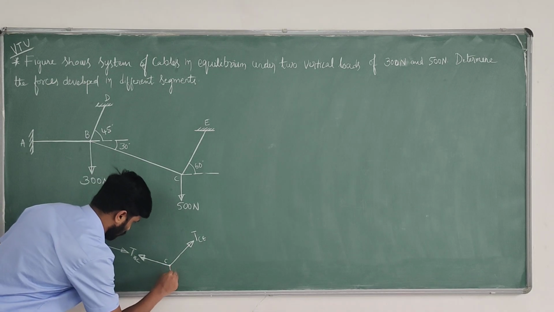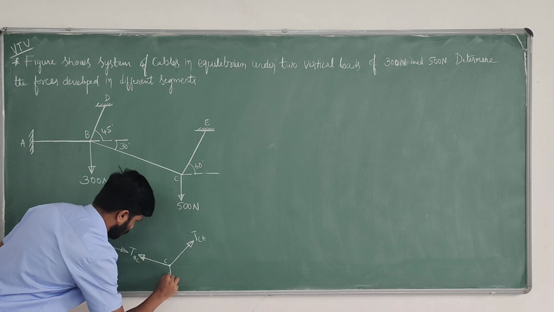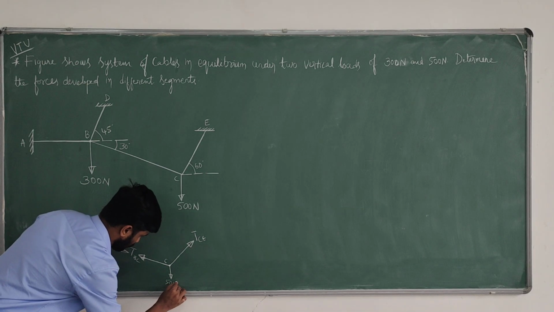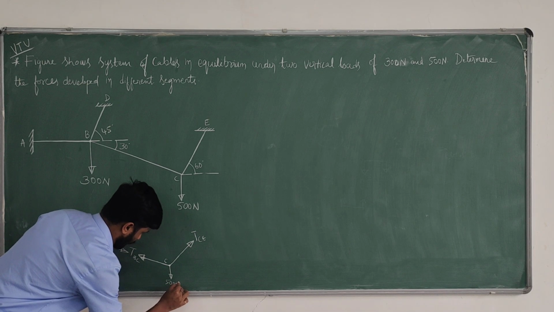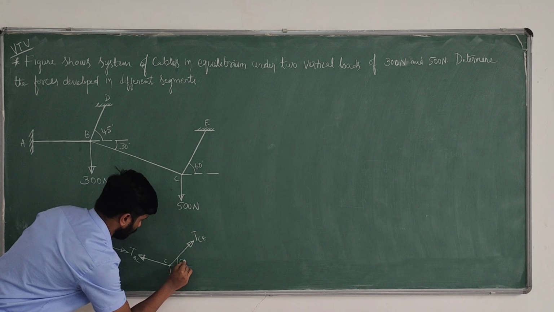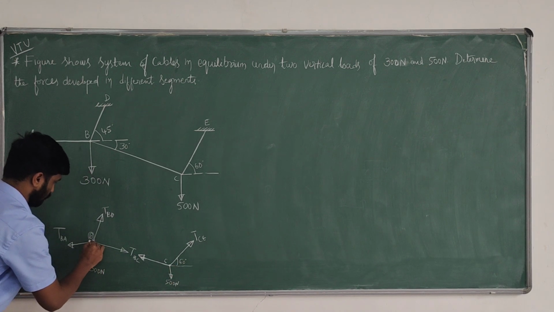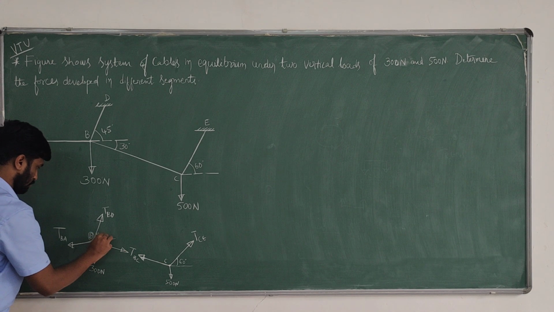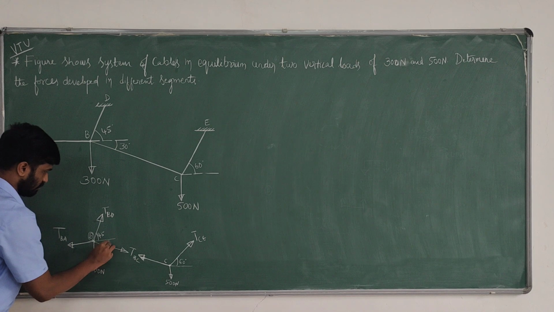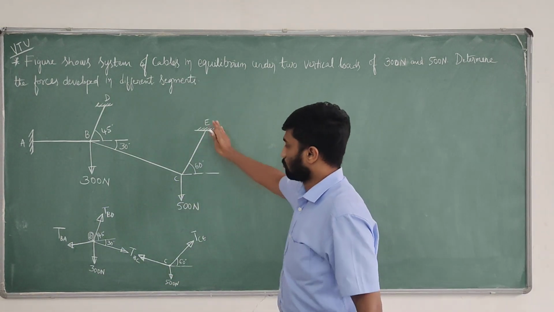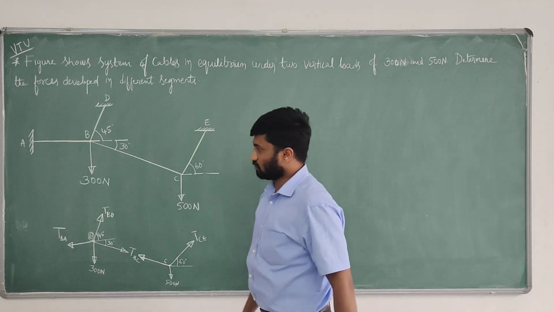And we have one more load, that load value is 500 Newton. The angles of inclination are: this is 60 degree, and here you have two angles of inclination, one is 45 degree, another one is 30 degree. So this is the free body diagram for the given system of strings.